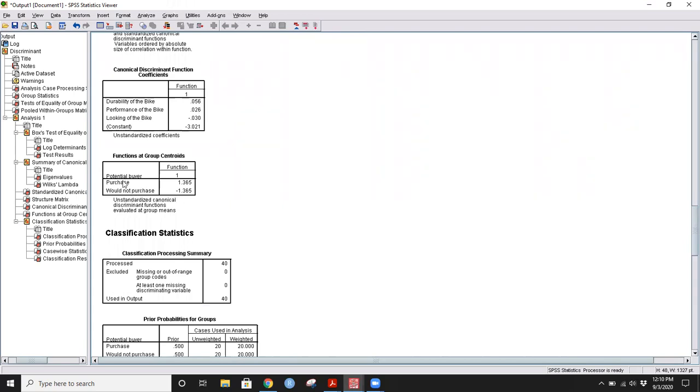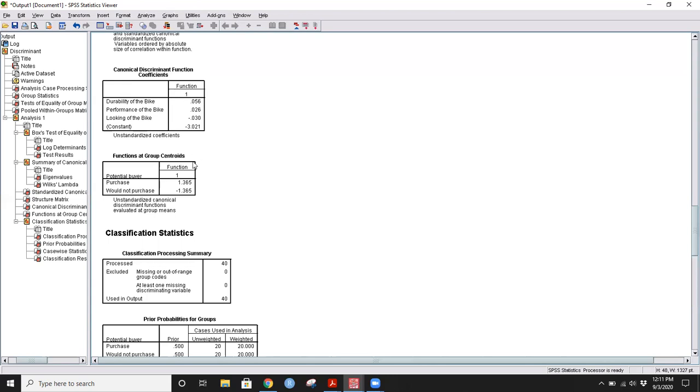So what are centroids? They are nothing but the mean discriminant scores for group 1, that is purchase, and for group 2, that is would not purchase. A further way of interpreting discriminant analysis results is to describe each group in terms of its profile using the group means of the independent variables and finding the centroids, which are calculated using the group means and the discriminant function.